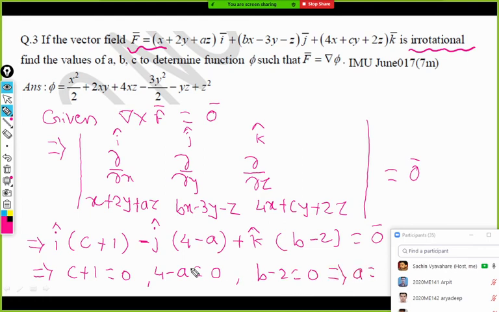So a becomes 4, b becomes 2, and c becomes minus 1. So 4, 2, minus 1 are the values of a, b, c. That is the first part of the question. We obtained the values of a, b, c for which this vector f bar is irrotational.